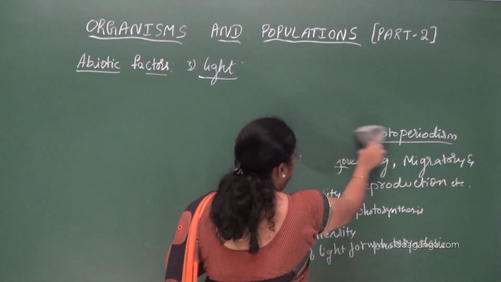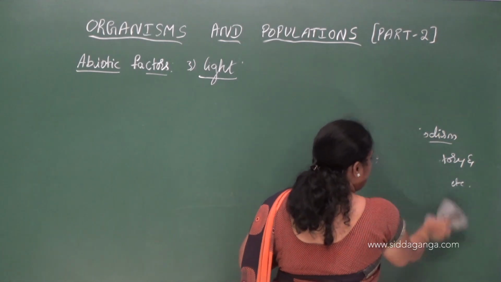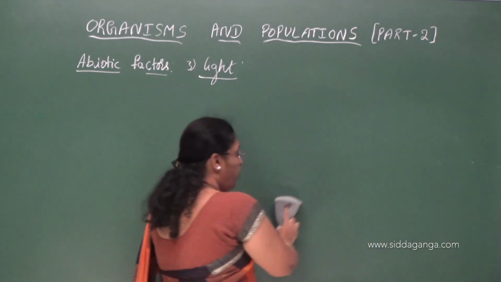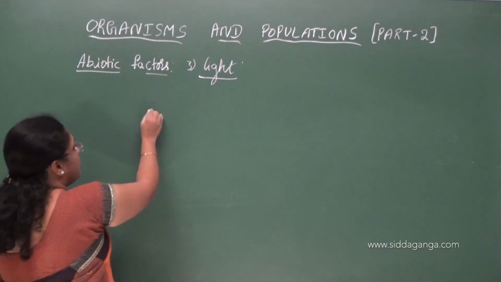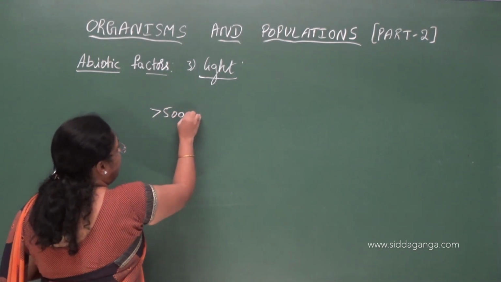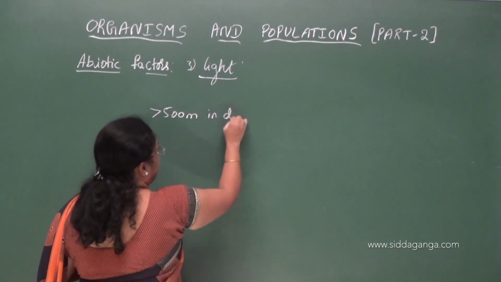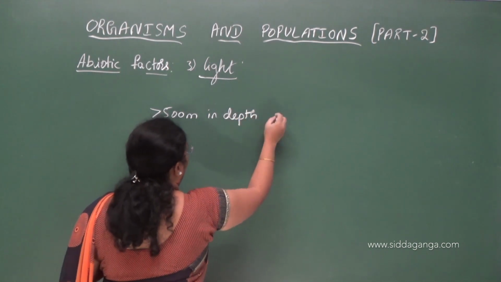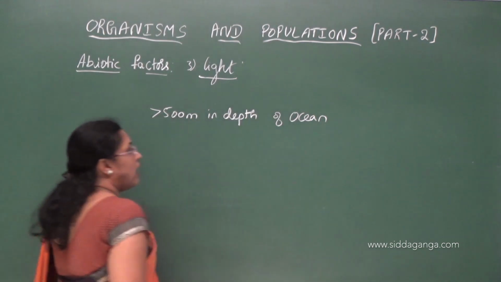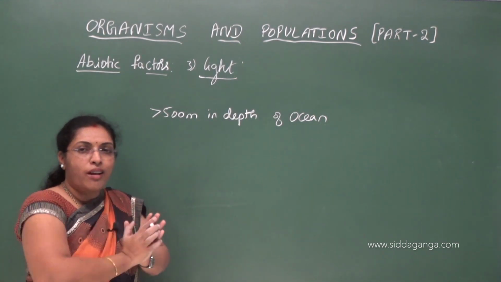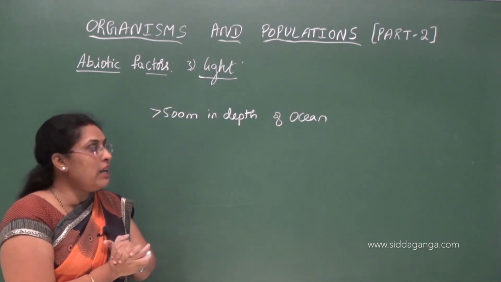And in the ocean, at more than 500 meters depth, the organisms do not know about the celestial source, the sun. It is perpetually dark in that area. There is no availability of sunlight.